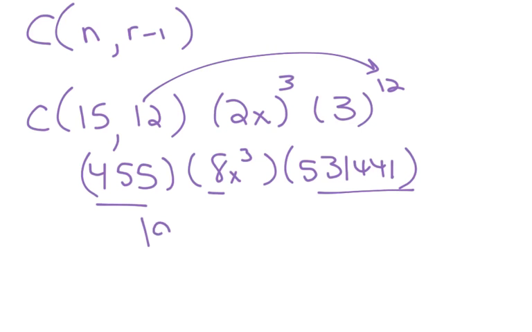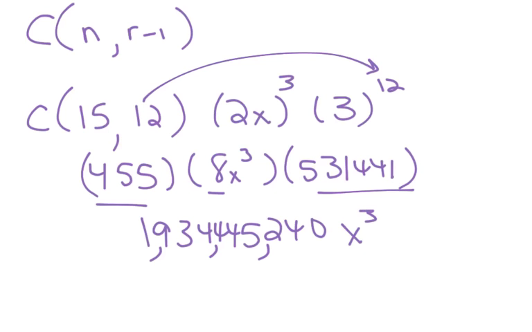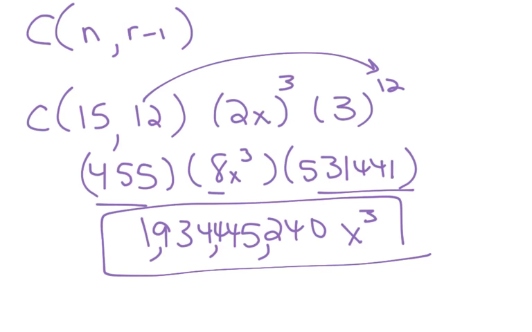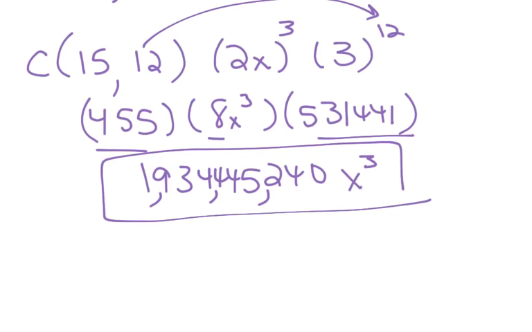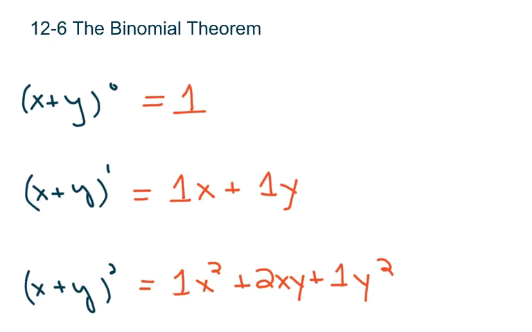Let's make sure I don't screw it up. 1,934,445,240 x cubed is going to be the 13th term in the expansion of 2x plus 3 to the 15th power. And that is the binomial theorem.